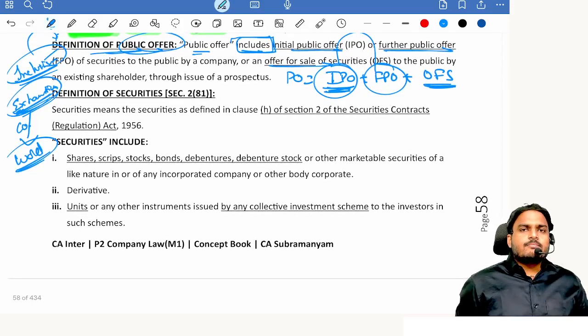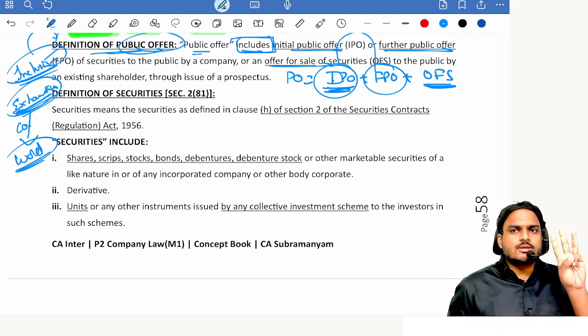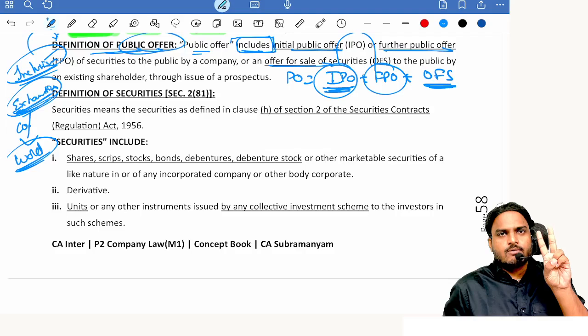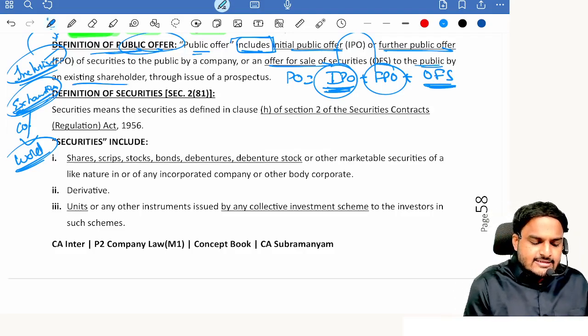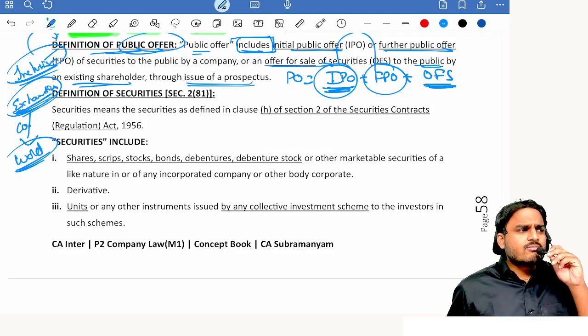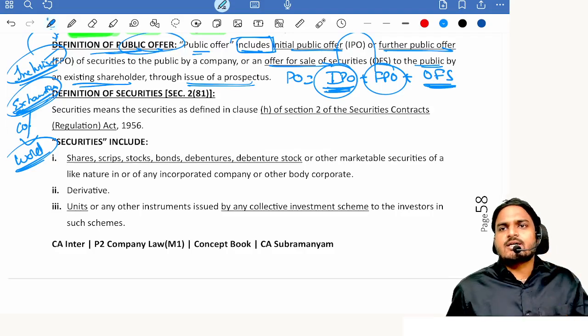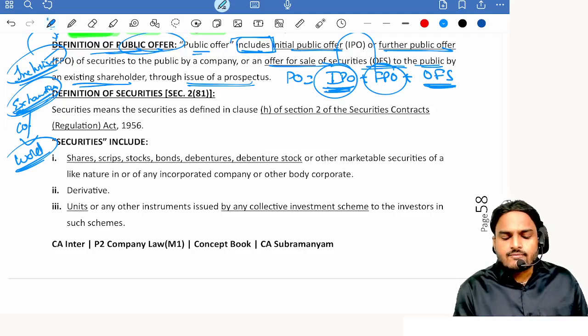Now tell me, public offer. Public offer includes three offers: IPO, FPO, and offer for sale. Offer for sale is an offer to the public by an existing shareholder through issue of a prospectus. All our government companies, the public sector undertakings, follow this one only. For privatization, they follow offer for sale.